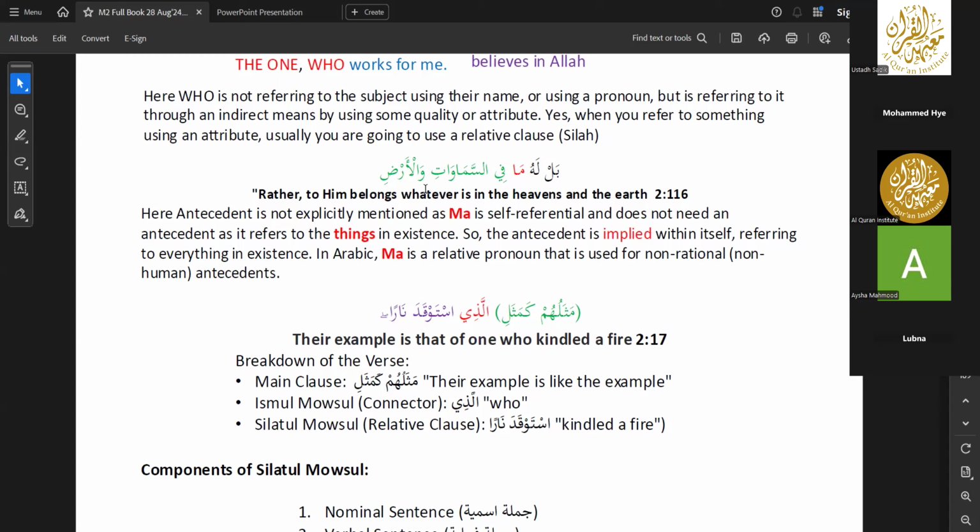If you look at the sentence, rather to him belongs whatever is in the heavens and the earth, that ma, meaning whatever, is self-referential. To Allah belongs everything. It's not referring to something else. So that's an important point to be aware of. Don't get confused. It's not always looking for something else.